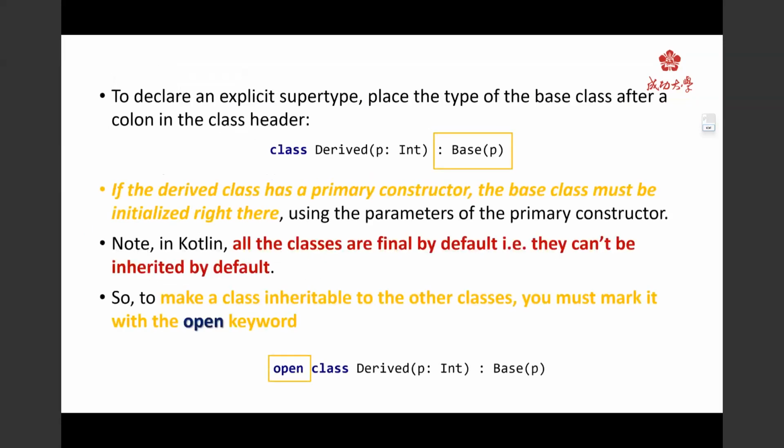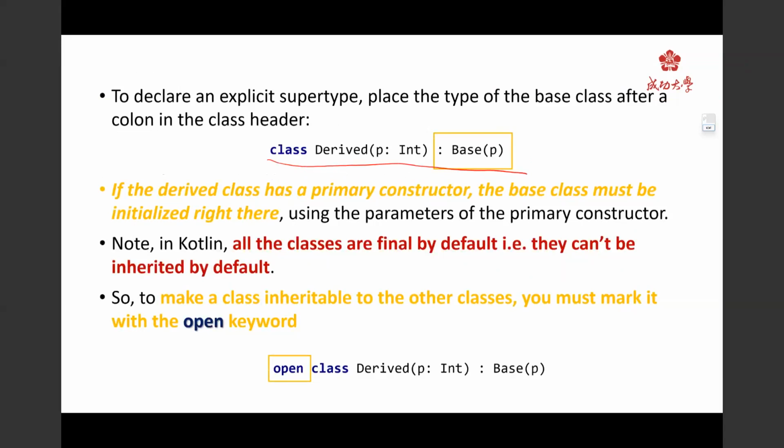To declare an explicit supertype, or to explicitly inherit some parent class, we simply place the base class after a colon in the class header. Here's a very simple example.